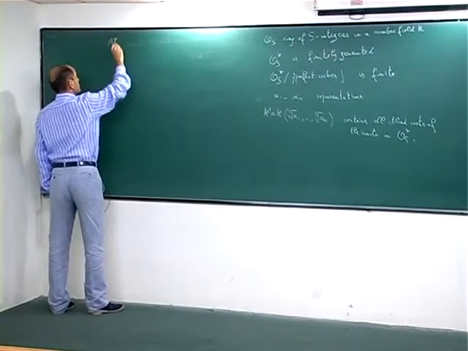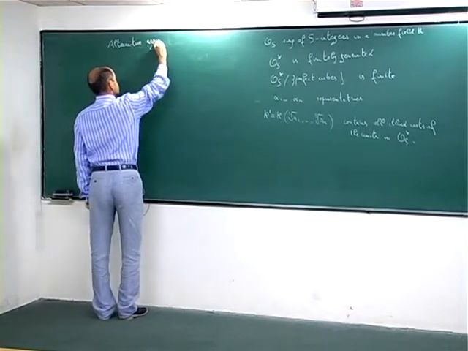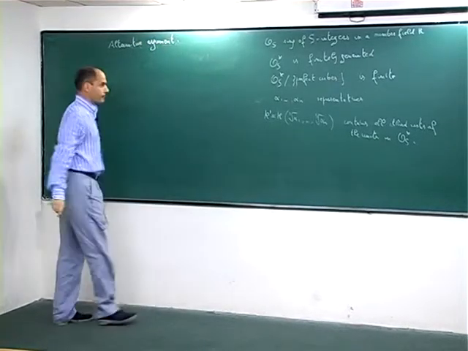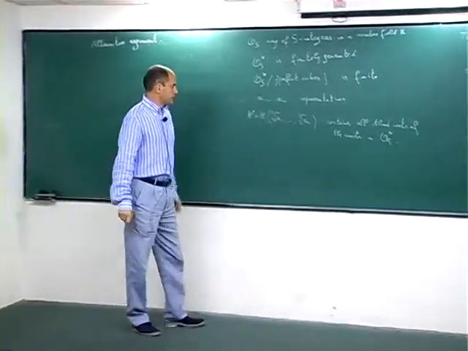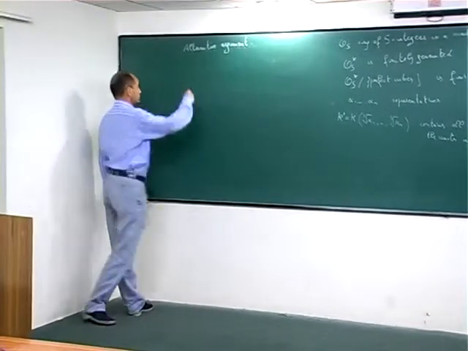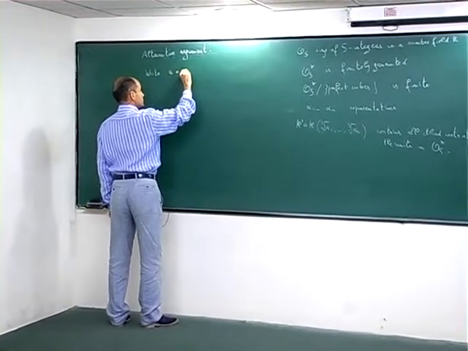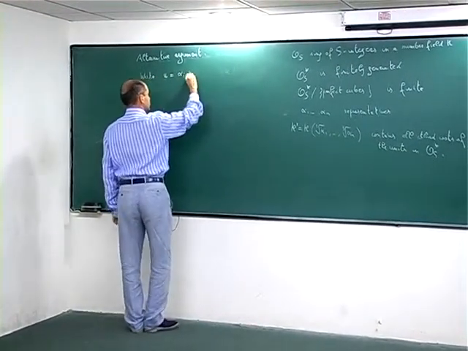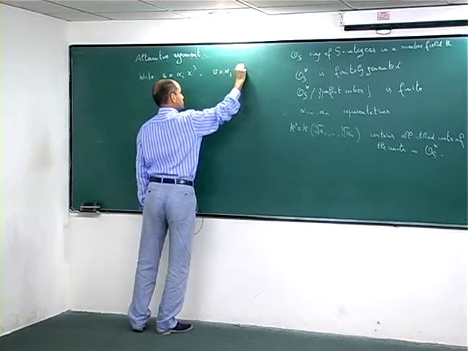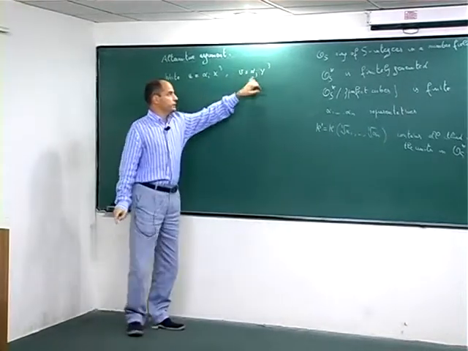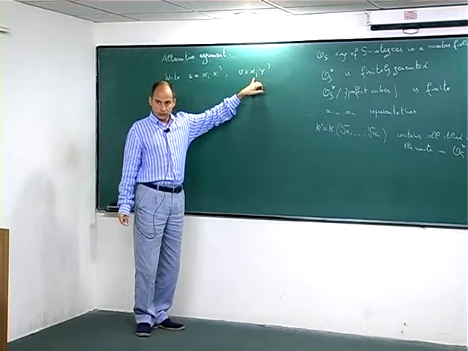So, an alternative argument. I don't enlarge the number field, but I write u and v as alpha_i x cubed and alpha_j y cubed. Here i and j have each at most n possibilities.